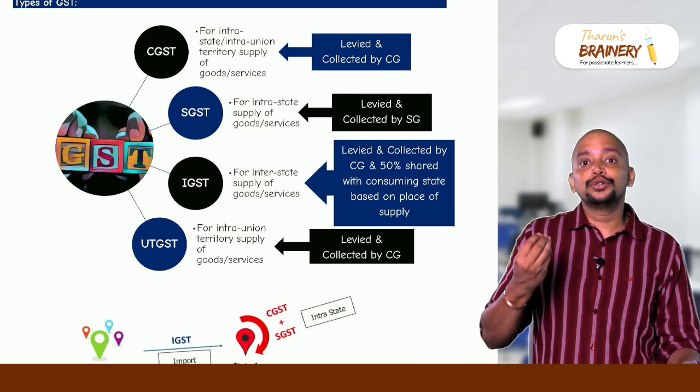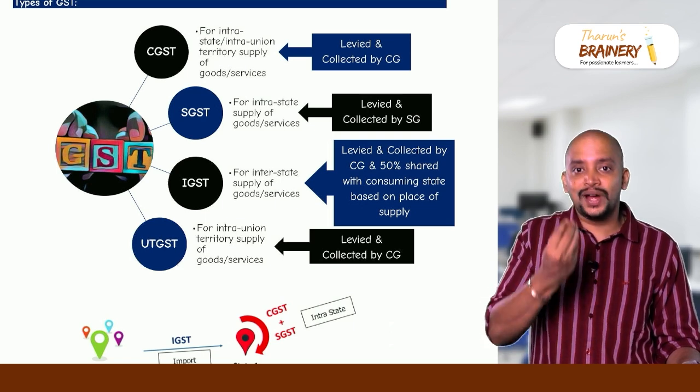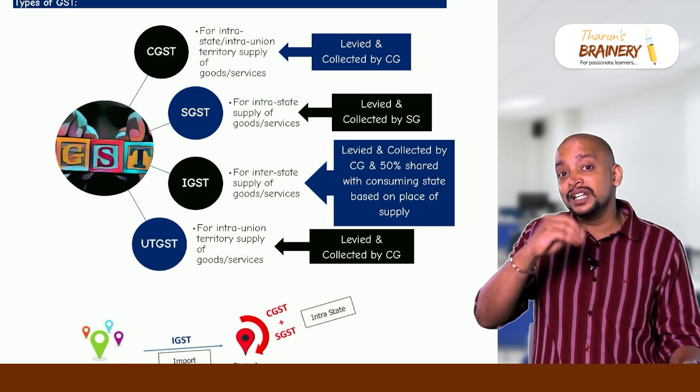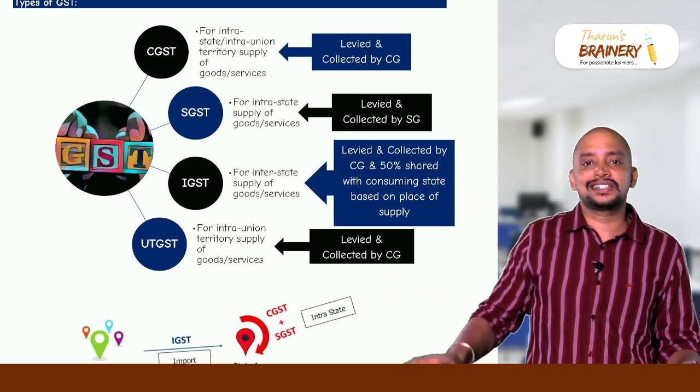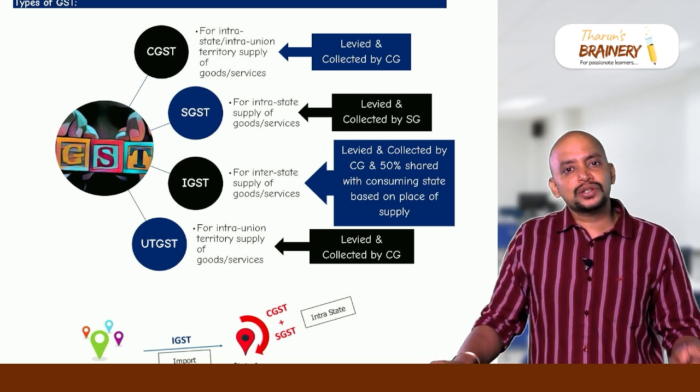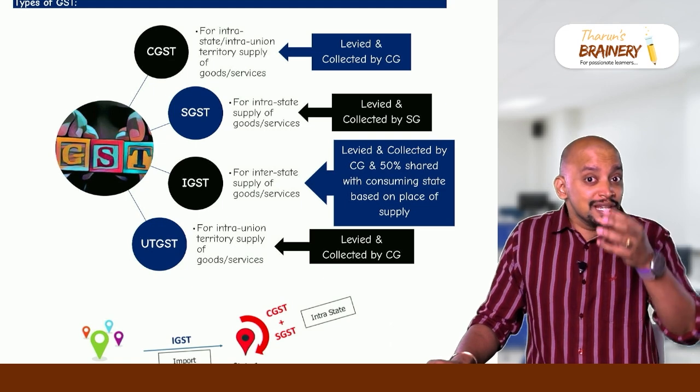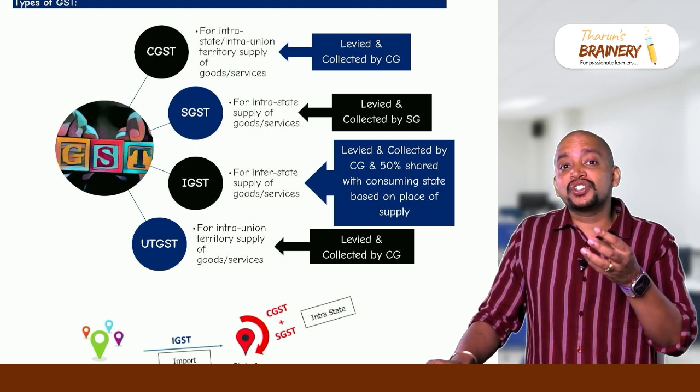So goods manufactured in one state will not be consumed in that state, but in other states. Now in that case, what will happen? For the producing states, there won't be much revenue.